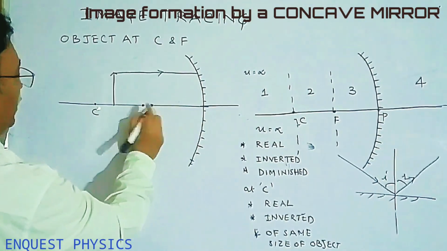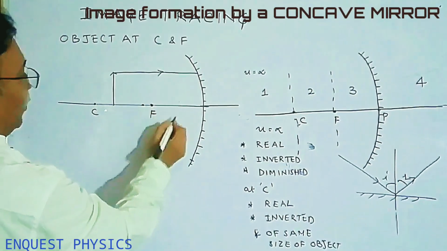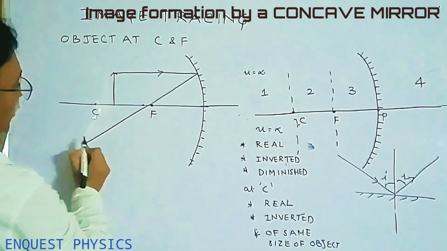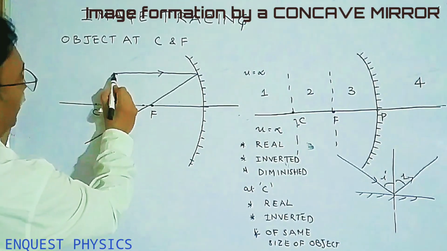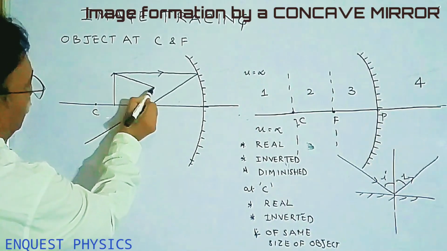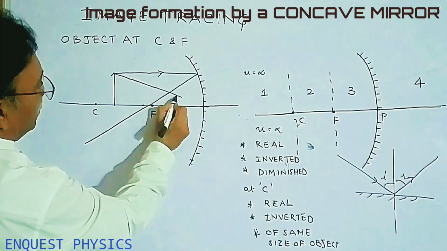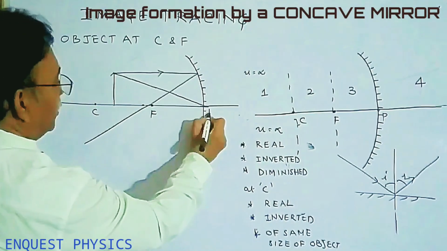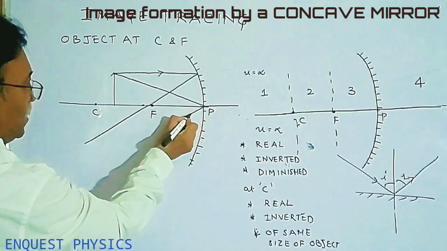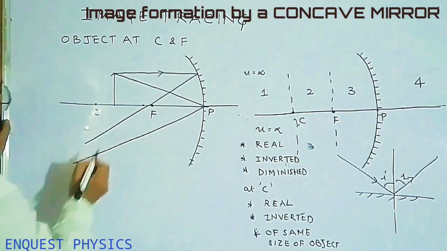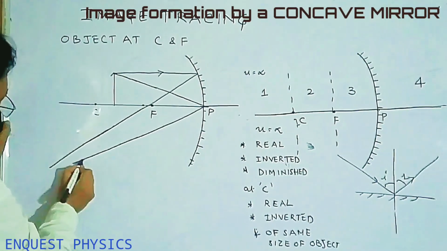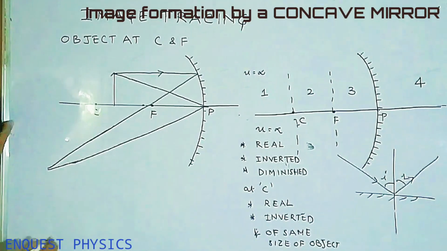After reflection, it passes through the focus, and I am taking one more ray which is coming from the head, traveling straight to the pole, and reflected back with the same angle. If I extend them, both will meet at a particular point.